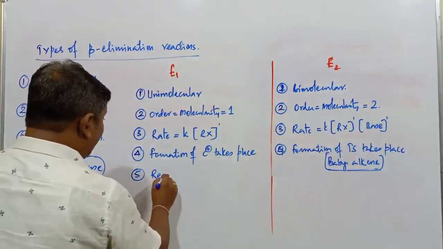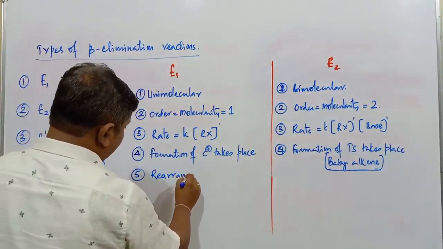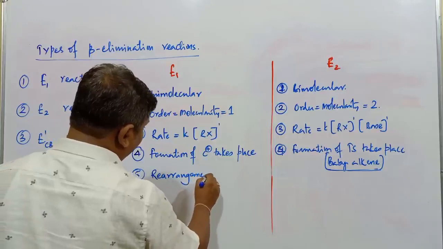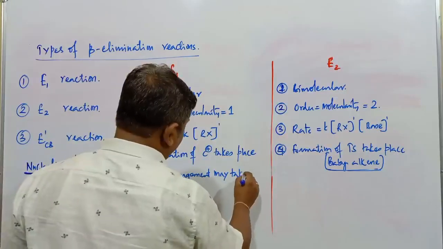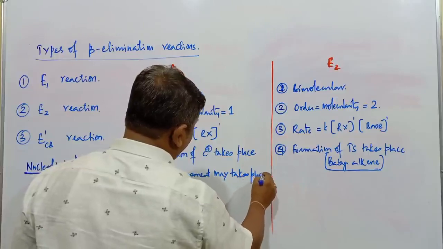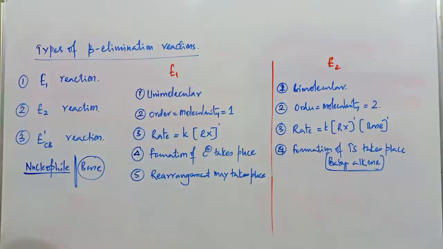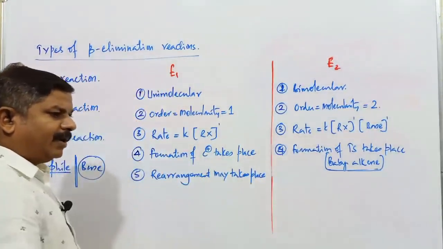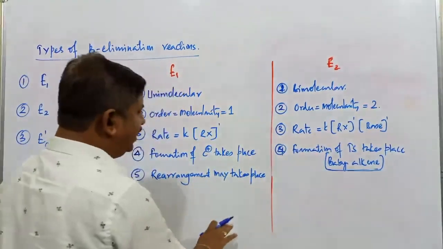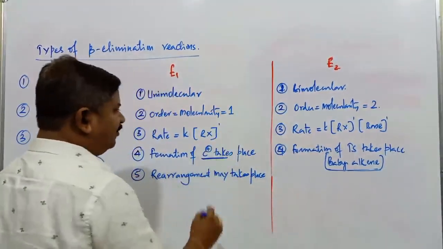Here rearrangement is possible, rearrangement may take place. Rearrangement in the sense what? Conversion of lower stability carbocation into higher stability carbocation. Primary into secondary, primary into tertiary, that is, rearrangement takes place because of the formation of carbocation.